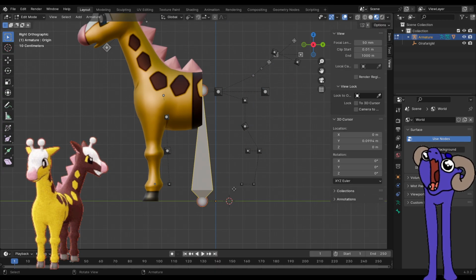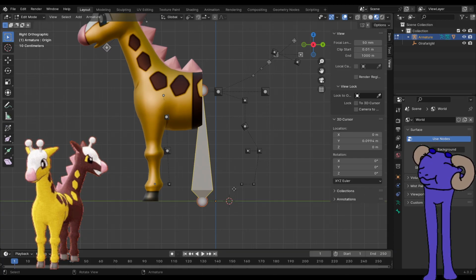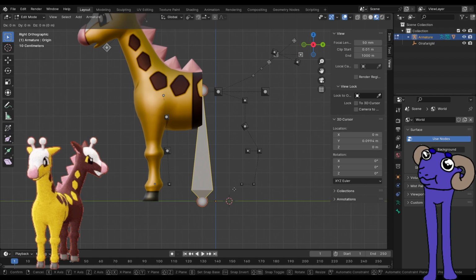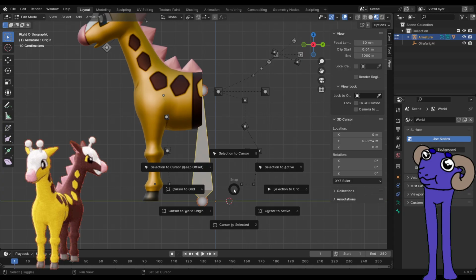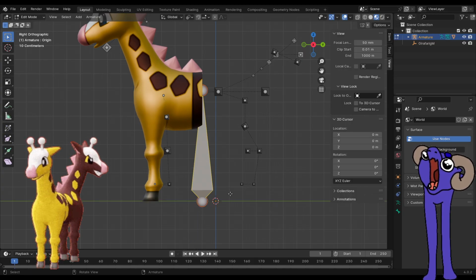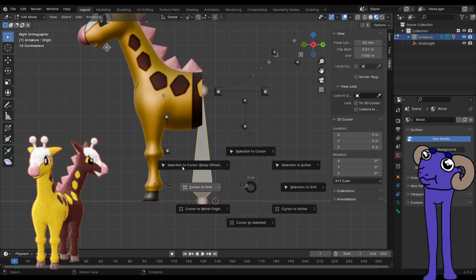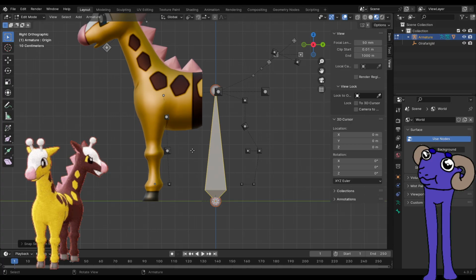It is not. Scale Y 0. Huh? Cursor to world origin. And then selection. There we go, that works.